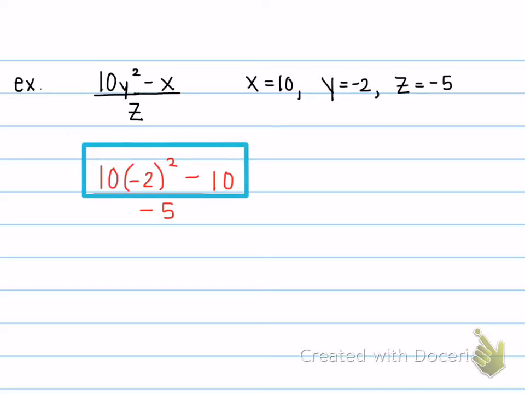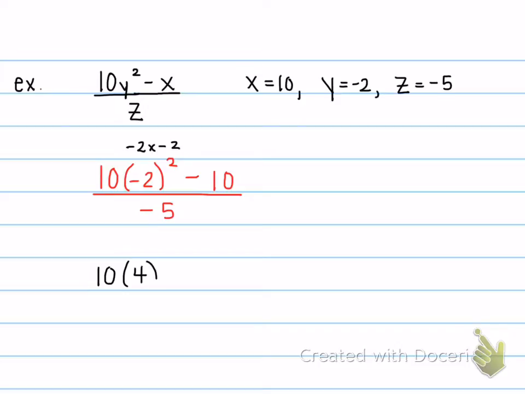In this, I need to solve the exponent first and then multiply it by the 10. So let's do that. If I have negative 2 squared, remember that's in the parentheses, so it's actually negative 2 times negative 2. And a negative times a negative is a positive. So I'm going to take 10 times 4 minus 10 all over negative 5.